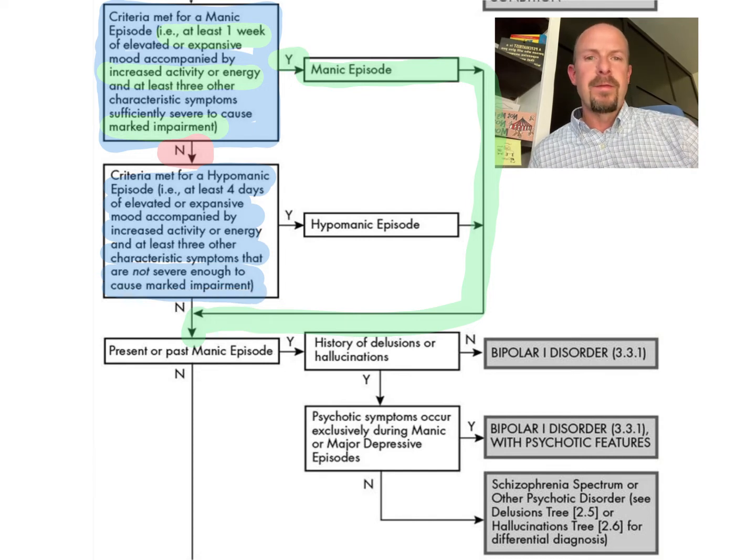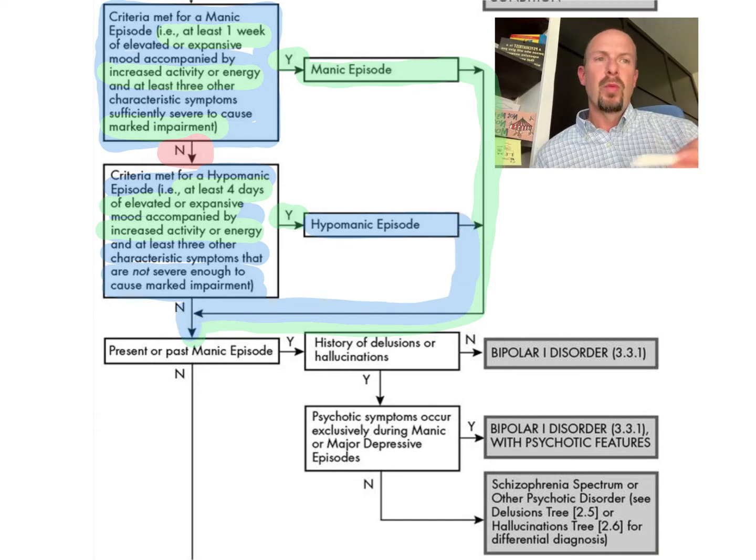So this person's still functioning, but still showing elevated expansive mood, talkativeness, some grandiosity, creativity, and impulsivity, but not marked impairment. If they haven't met it for the manic, but they've met 4 days of the elevated mood, energy, and activity, then we move over here to potentially a hypomanic episode, and we continue down this path.